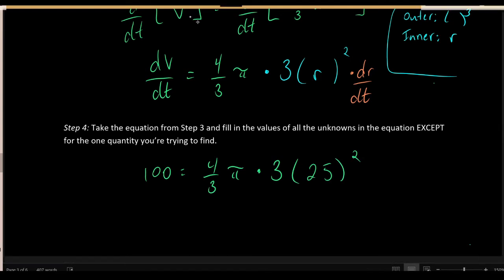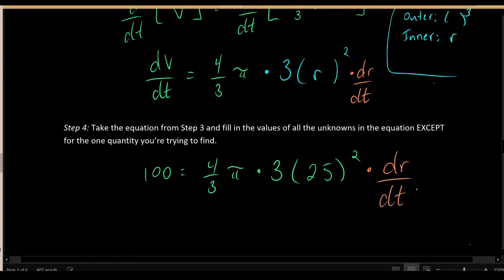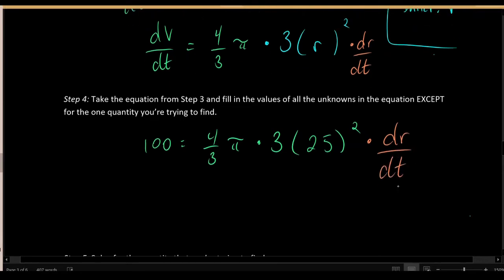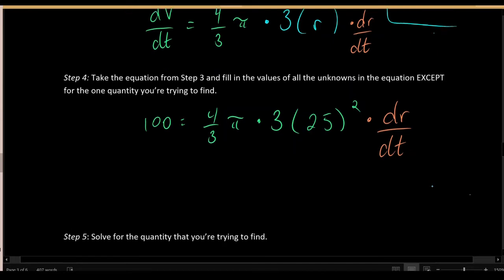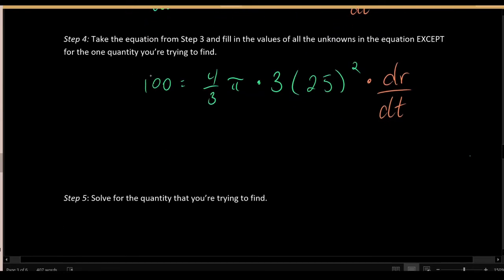And the only unknown left is the dr/dt that I'm trying to find. Now the virtue of filling in absolutely every unknown except for this one is that it is now super simple to just go into the equation and solve for dr/dt.